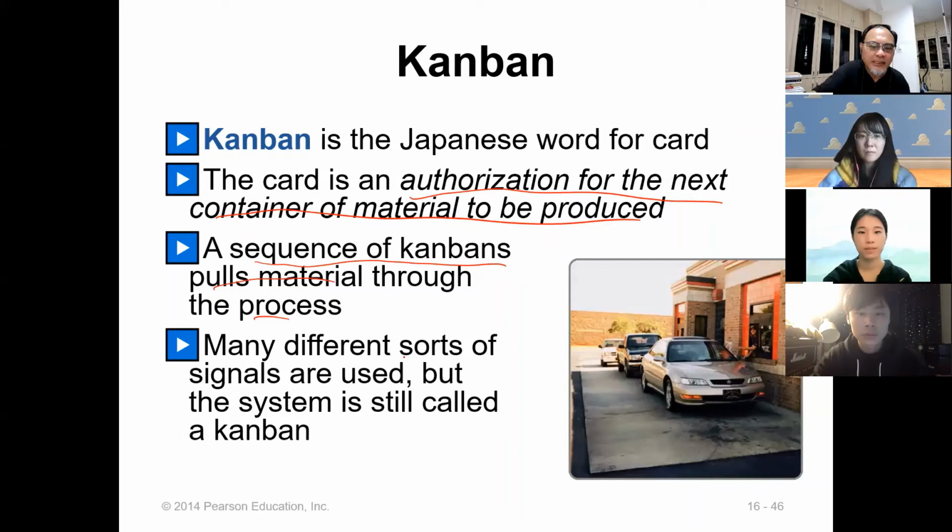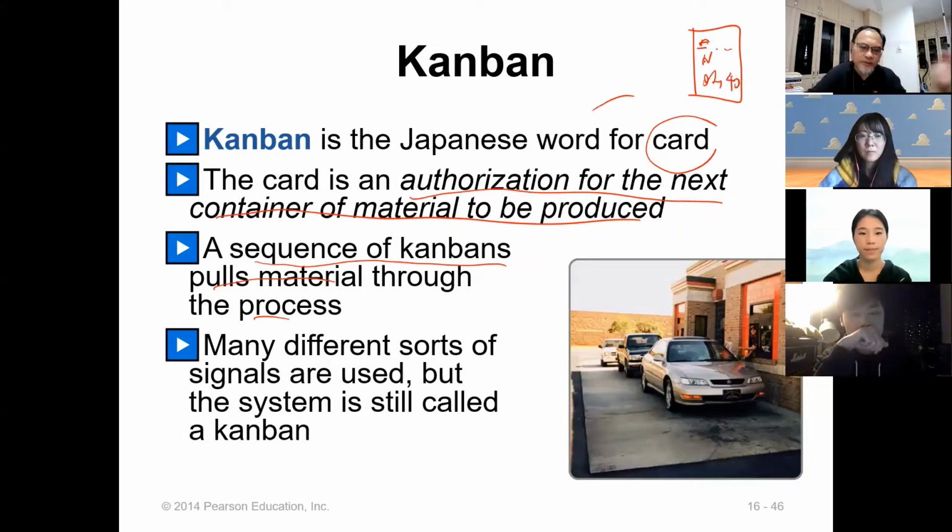Even if you use electronic, it's electronic Kanban. But initially it started with a card: part number, part name, quantity required 40. Then this is sent to the delivery person, so they will deliver that.